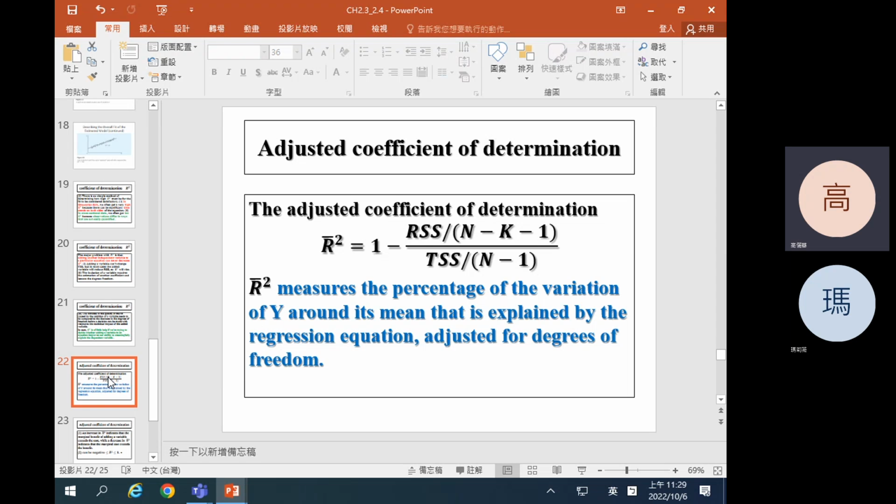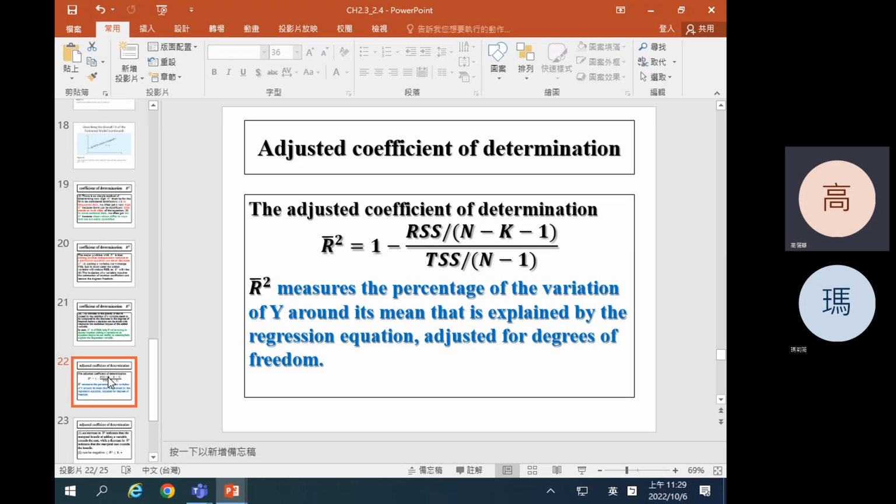It turned out to be 1 minus RSS divided by 23, over TSS divided by 24, right? So how does this math go? 1 minus RSS divided by TSS, times 24 over 22, right? In math.